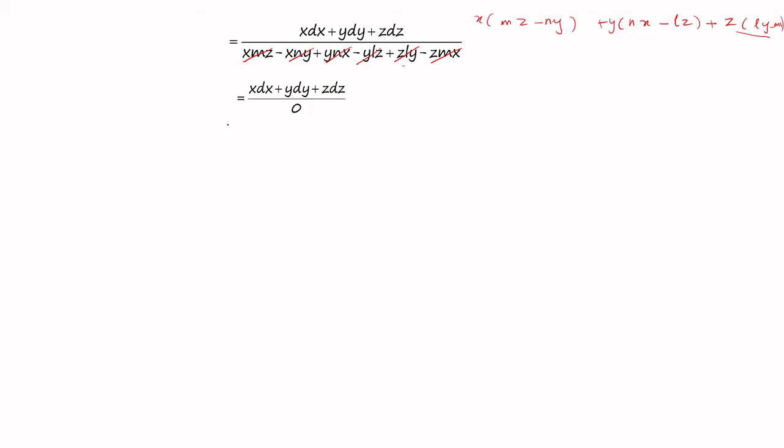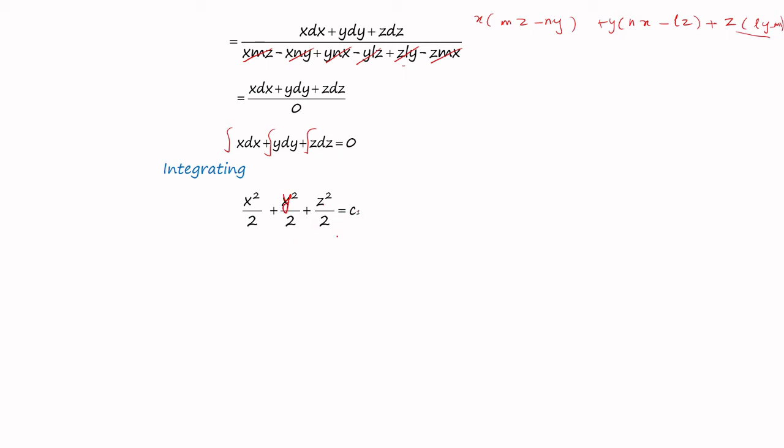So each ratio is equal to 0. When you take this to the other side, 0 into all the ratios becomes 0. So you have x dx plus y dy plus z dz is equal to 0. Now we have to integrate this, and we can easily integrate it to get a solution. So x dx is x squared by 2, plus y dy integrates to y squared by 2, plus z dz is z squared by 2.